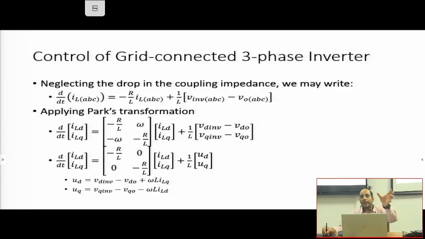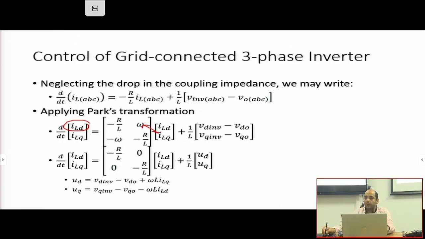That means for the A phase, for the B phase, for the C phase, you have three different differential equations. But here now, as I told, the rows get changed. So basically for the first row, which is the D, you get the sine terms which are basically related to Q. Not that D and Q are interchanged, you get some terms related to D and Q. So now for the differential equation in the D axis, you get another term which is omega IQ.